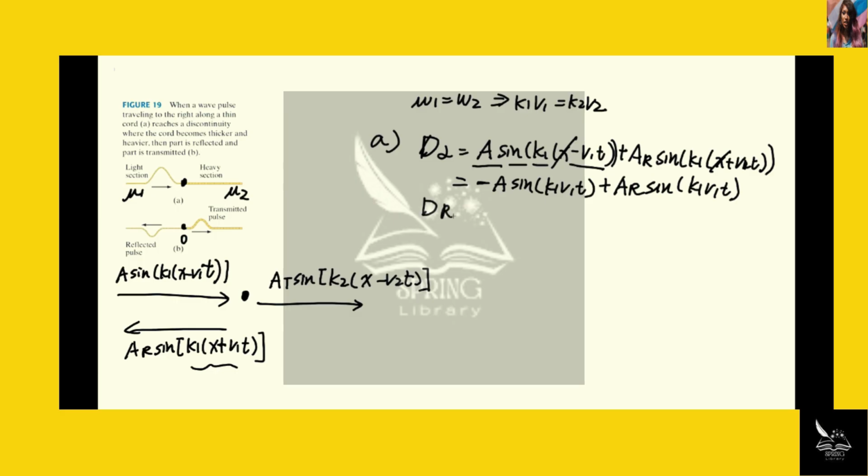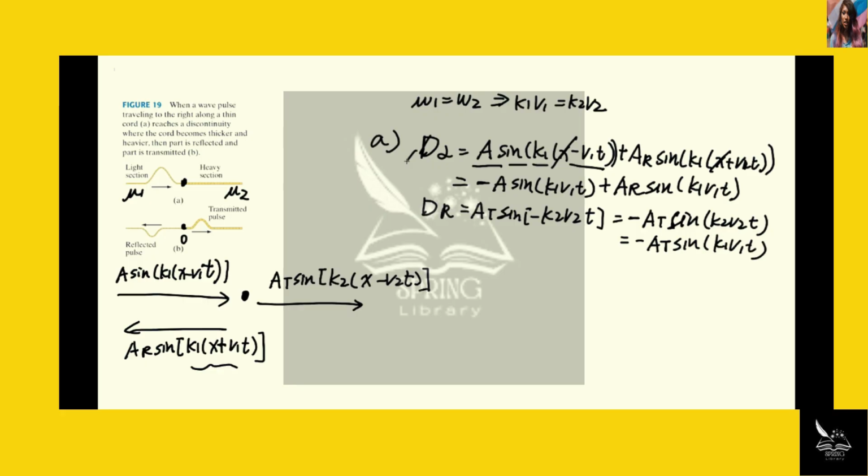To the right, we have A_T sine of negative k2 v2 t, which equals negative A_T sine(k2 v2 t). But we already said k2 v2 equals k1 v1, so this equals negative A_T sine(k1 v1 t).